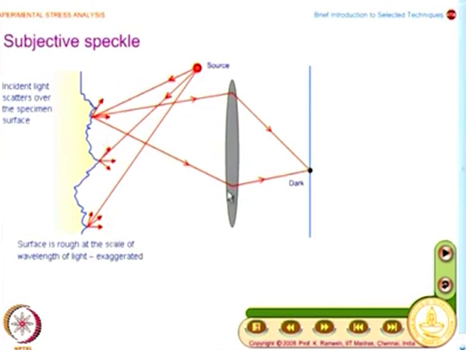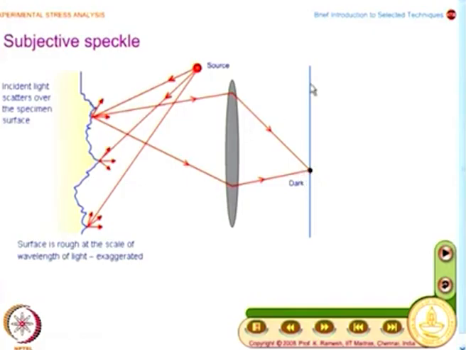Because I put a lens, this will receive light from a corresponding point on the object, and in this case I have taken that these two rays interfere in a manner that you have a dark point. I would not call it a fringe, I would call it a dark point.